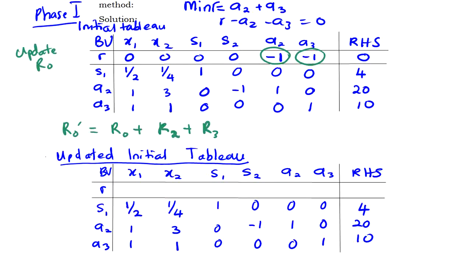the new row 0 will be 2, and then 0 plus 3 plus 1, so 4, 0 plus 0 plus 0, 0, 0 plus -1 plus 0, -1, -1 plus 1 plus 0, so 0, -1 plus 0 plus 1, so 0, 0 plus 20 plus 10, so 30.